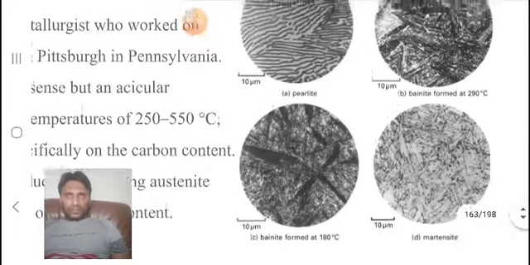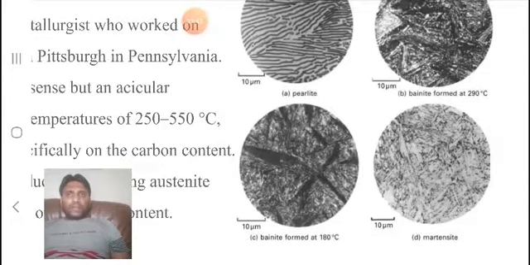So we can easily see that the strength and hardness of a steel can be managed by these three microstructures. One is martensitic microstructure, the other one is bainitic microstructure, and the third one is perlitic microstructure.